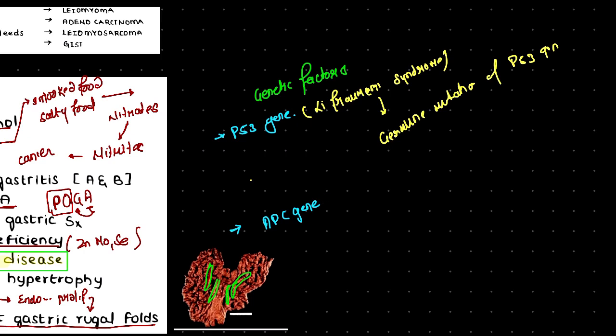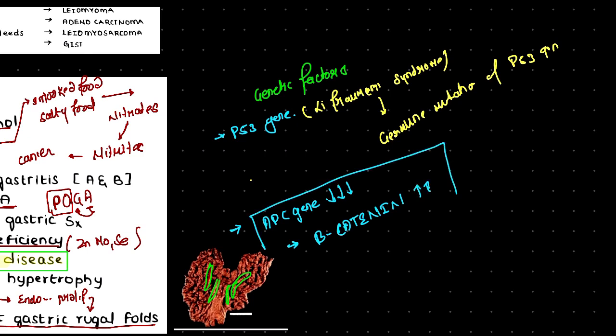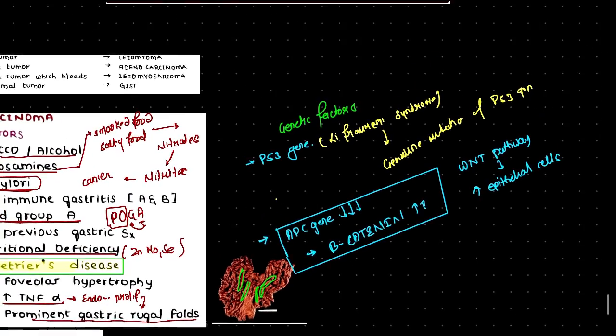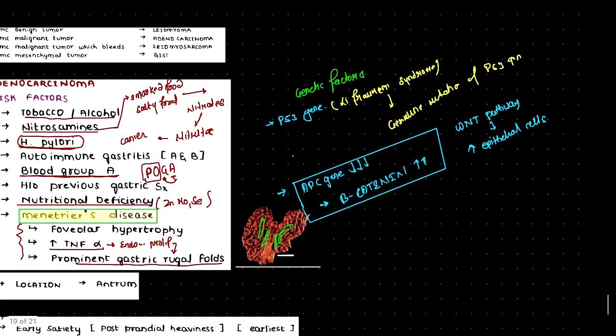Because of underactivity of the APC gene, or another thing, beta catenin, and because of overactivity of beta catenin, there will be activation of one pathway, and that is the Wnt pathway. This Wnt pathway will cause proliferation of epithelial cells, and in excessive amounts it will give rise to adenocarcinoma. So it is also a risk factor for adenocarcinoma.